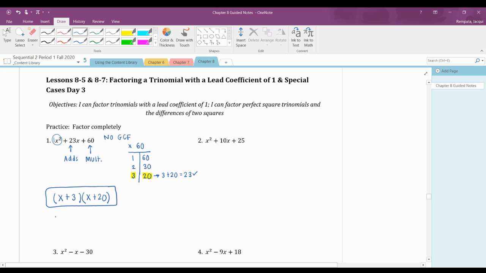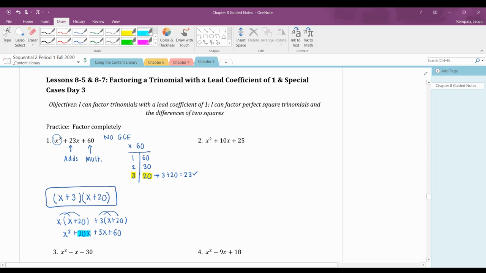If I use the distributive property to multiply, I'm going to break up the x plus 3 and distribute it to the x plus 20. This is how I would set it up. If I distribute the x, we get x squared plus 20x. If I distribute the 3, we get 3x plus 60.